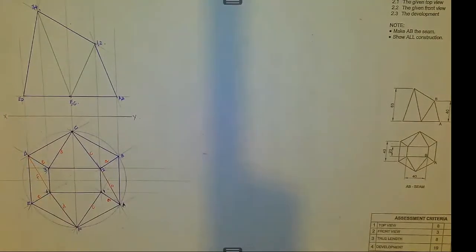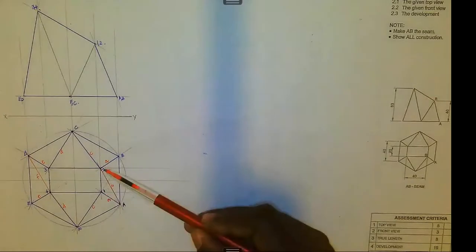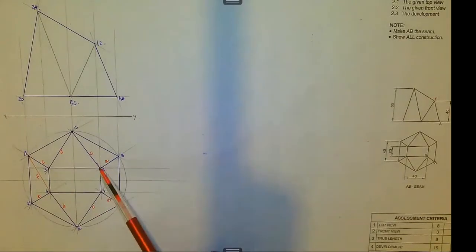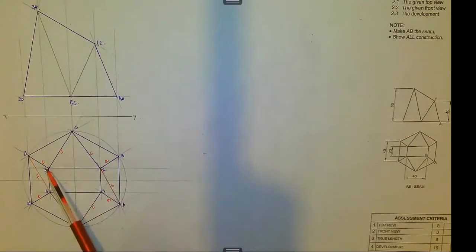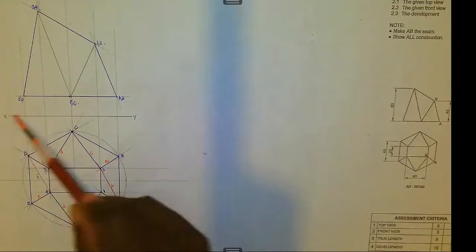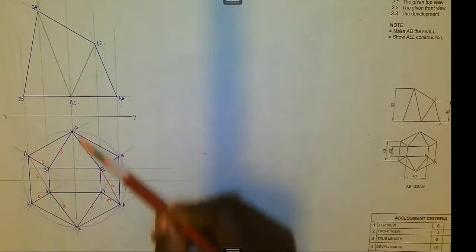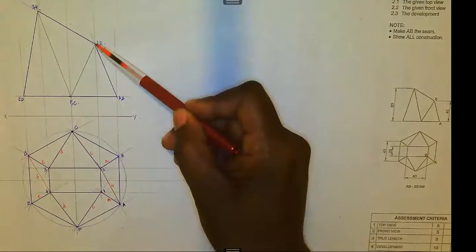Right, those are the lines that I would want to find in terms of the true lengths, right? Then if you check here, right, we have got 2 to 3 as well as 1 to 4, right? 2 to 3 is here, it's parallel to the ground line. Automatically the other line, which is 2 to 3, is a true length.